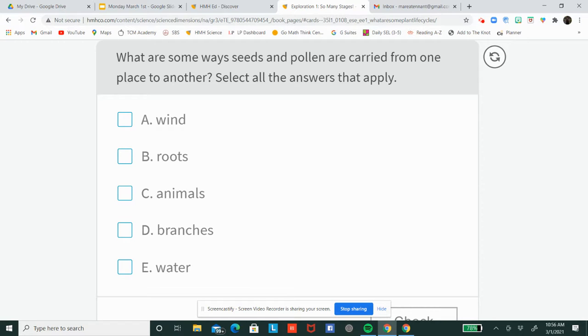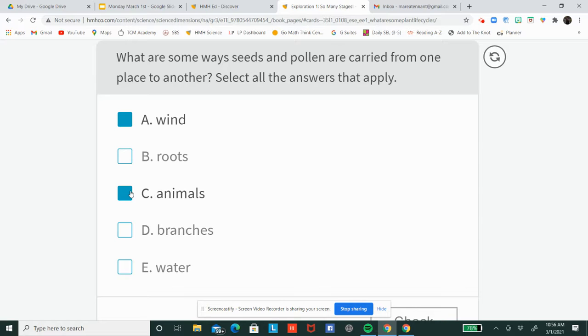Can seeds and pollen be carried from one place to another by the wind? Yes or no? Yes. Can it be carried from the roots of a plant? No, because that's underground. Can animals carry the seeds and pollen? Yes, whether they know it or not. Branches.